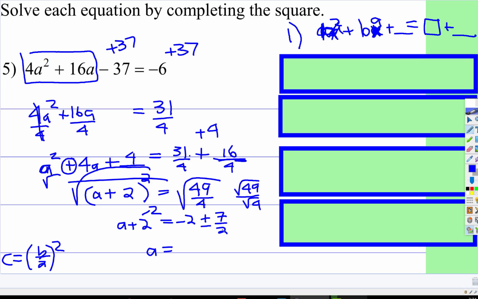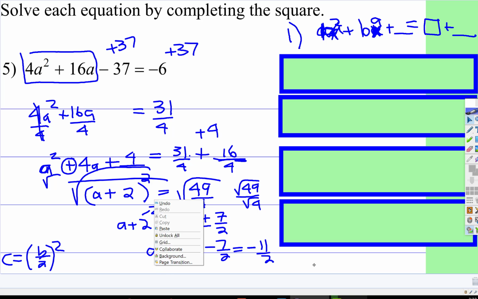Well, these two aren't the same fraction. So when I add negative 2 to this side, I'm going to rewrite that as negative 4 halves. Negative 4 divided by 2 is negative 2. So it's negative 4 halves subtract 7 halves, which is negative 11 halves. And I'm going to have to write it over here.